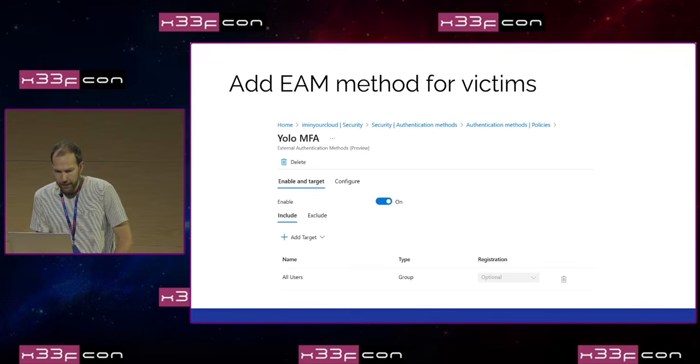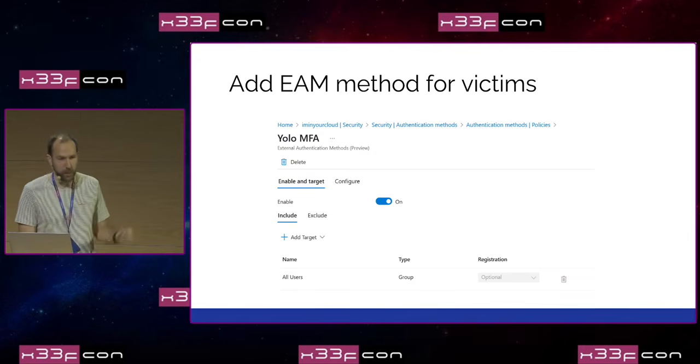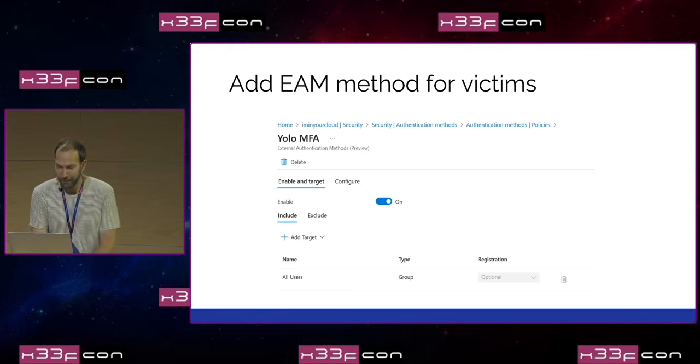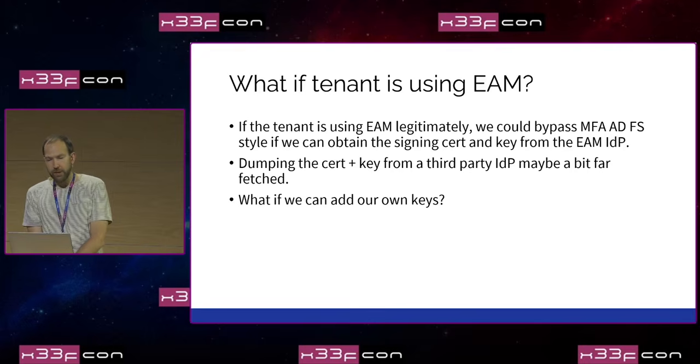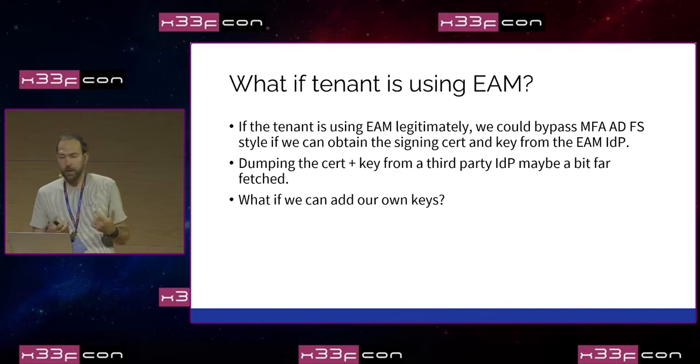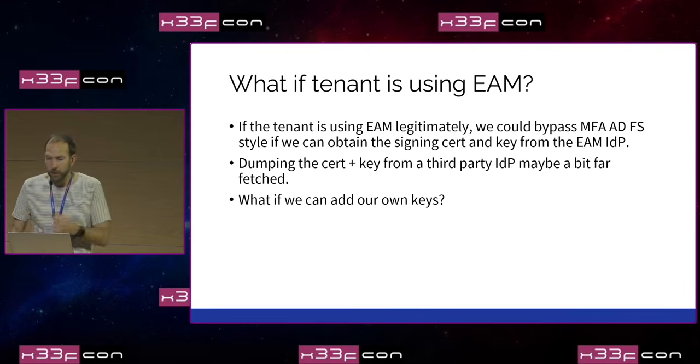So we can just add this, and I can just scope this authentication method. I add it for all users, and that means that nobody actually needs to do MFA anymore. So I wouldn't recommend this in prod, but technically it's valid. Now, it's more interesting if the tenant is actually already using external authentication methods, because then, if they're using it legitimately, then maybe with sufficient access, we can kind of like create a backdoor.